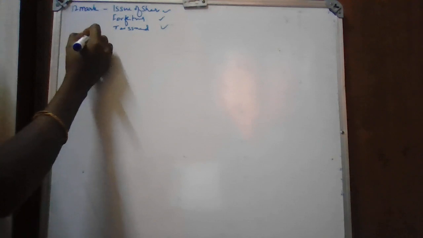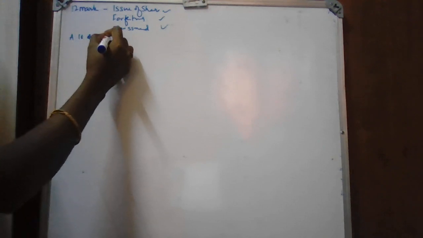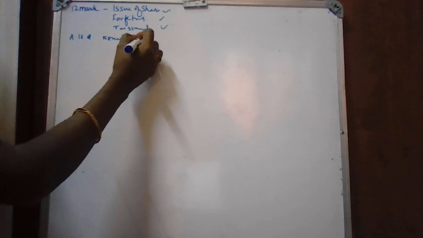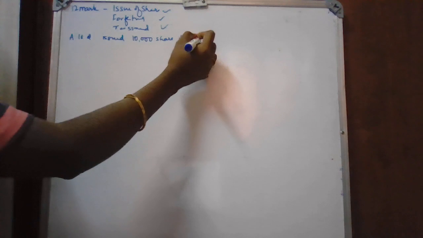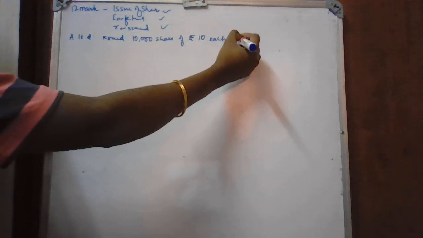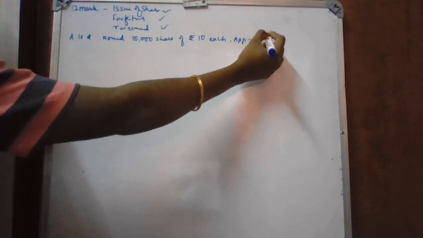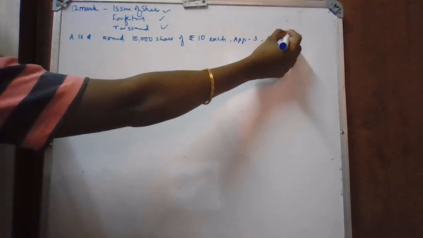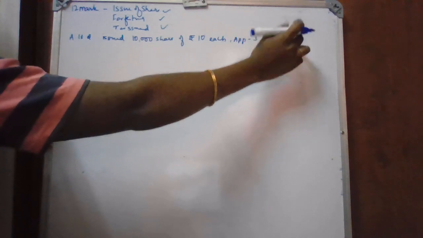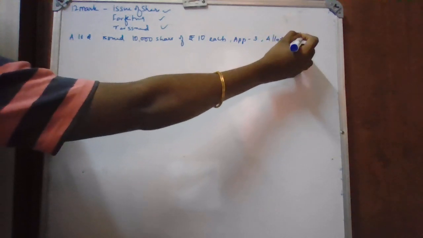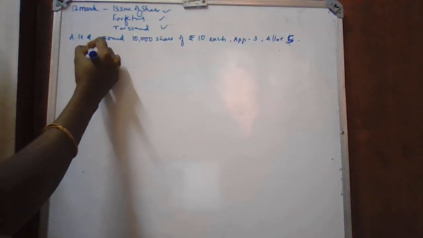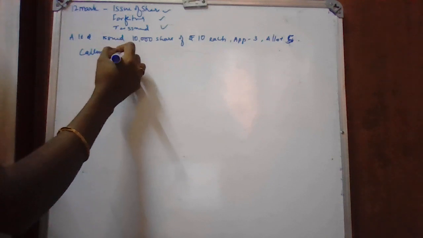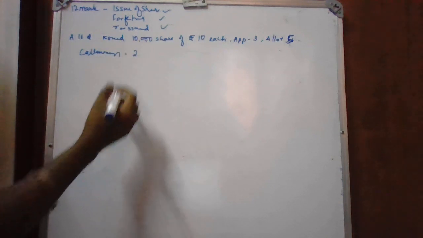Suppose A Limited issued 10,000 shares of rupees 10 each. Application 3 rupees, allotment 5 rupees, and call money is 2 rupees.